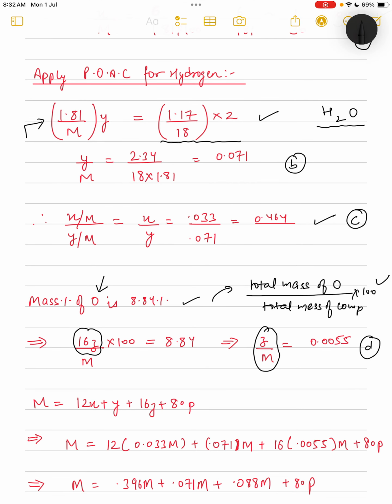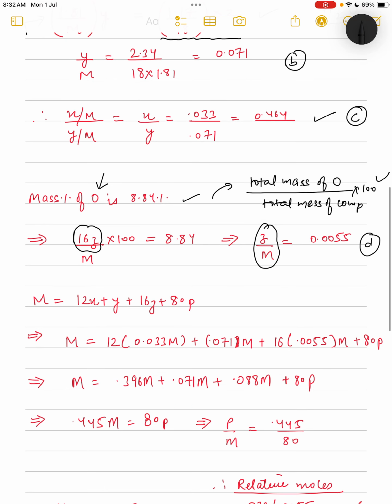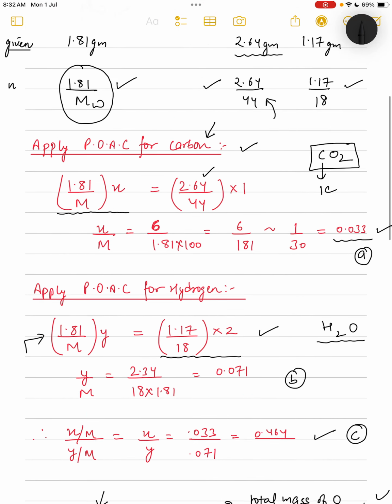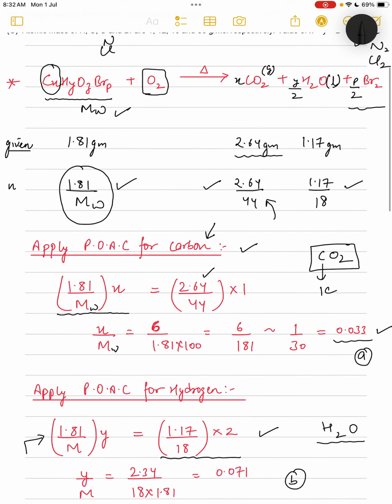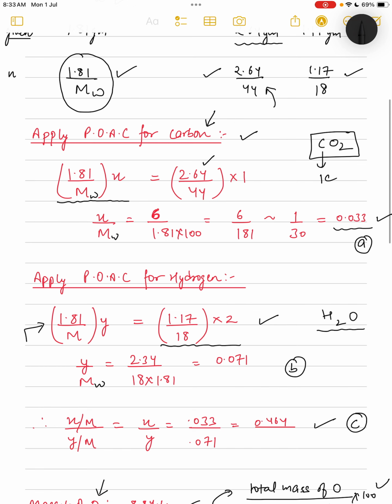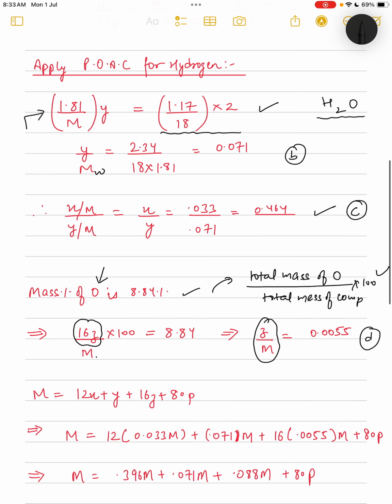We have obtained this equation, right? Next important thing is, since we have taken the molar mass of hydrocarbon to be m, or we can say Mw, let me write Mw everywhere to avoid the confusion. Mw will equal to what? The hydrocarbon is CxHyOzBrp.